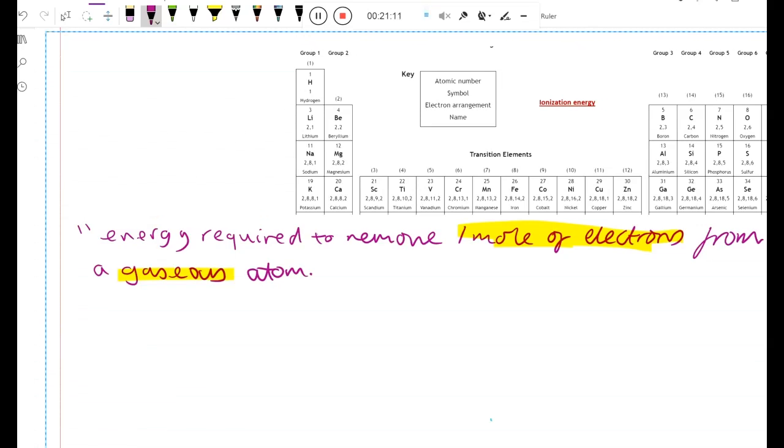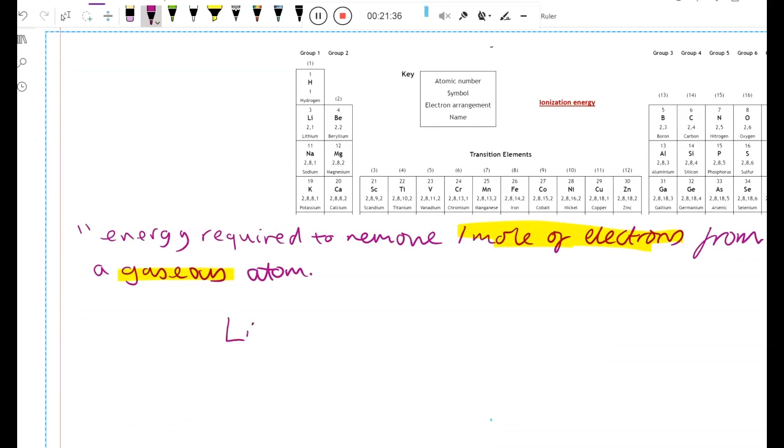Okay, now if we look at lithium as an example, you start with an atom. We can do ion electron equations to represent ionization energy. So let's look at lithium as an example. We have lithium as an atom.